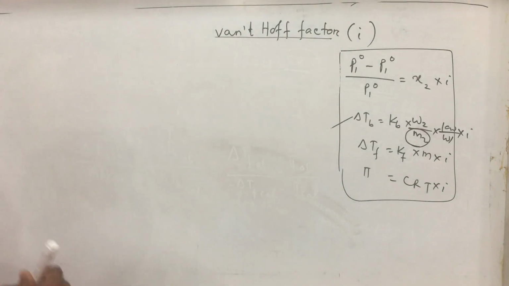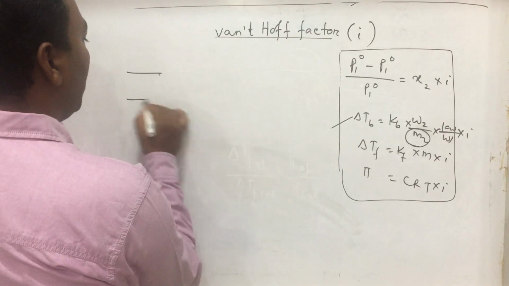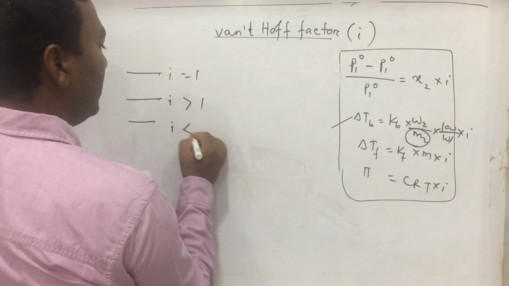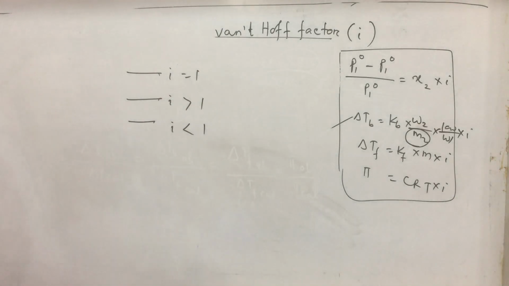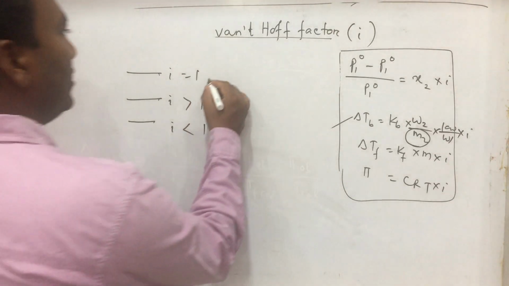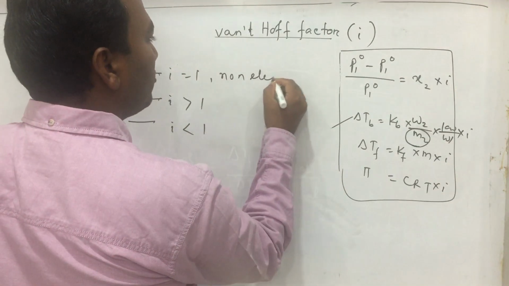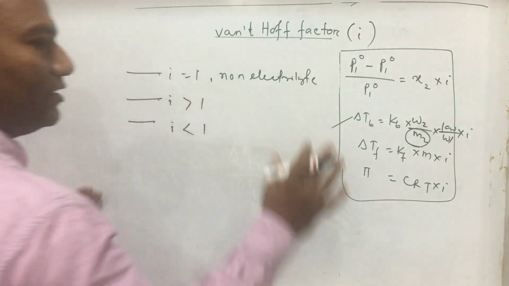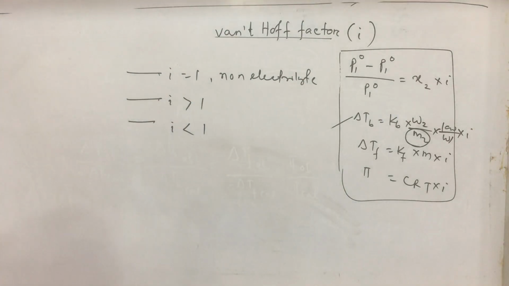Okay, so from this, you take 3 parts: i equals 1, i greater than 1, and i less than 1. When i equals 1, the solute is non-electrolyte. Non-electrolyte means it neither undergoes association nor what? Dissociation.